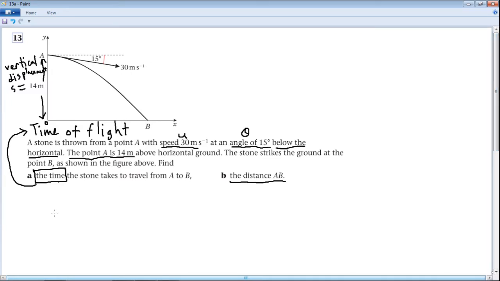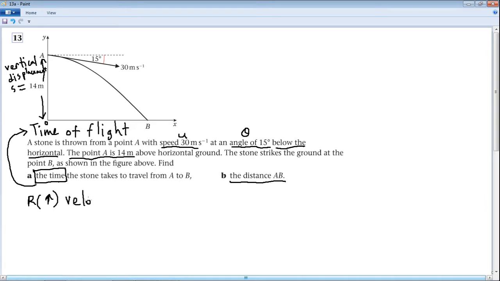So let us get back to the question. At first the question asked us to find the time of flight. Before solving this part, let us resolve the velocity vertically and horizontally.